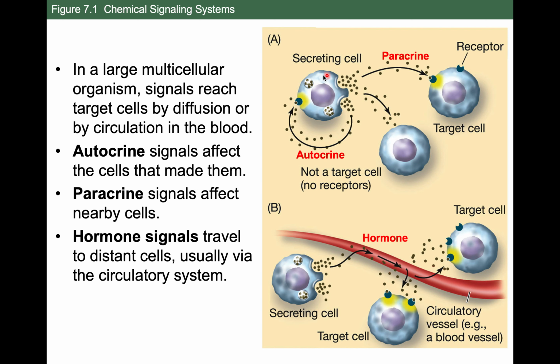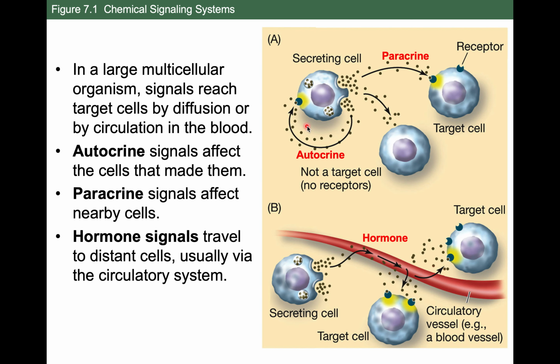So this cell you see here in this image is producing this, let's say it's a protein, that's the signal, right? It's exocytosing it, and then that signal is now being perceived by the same cell that produced it. So it's almost like you're calling yourself on your cell phone or texting yourself in some way. You're sending yourself this message. And so there are all kinds of examples of this happening in your body.